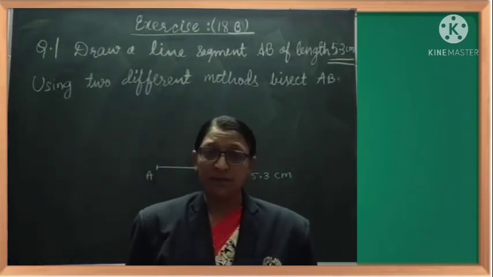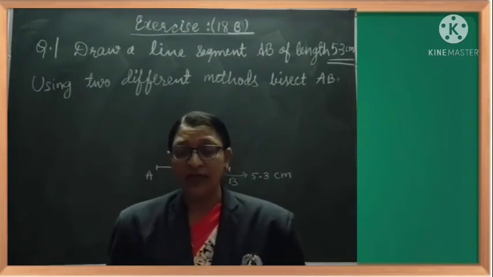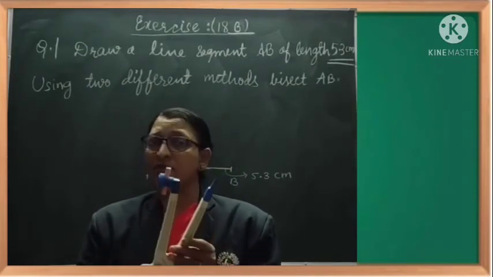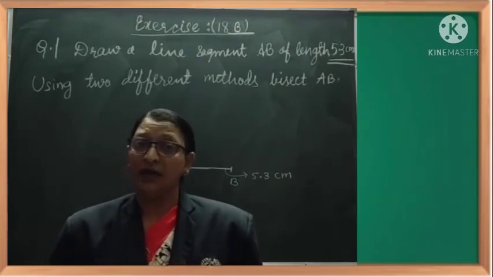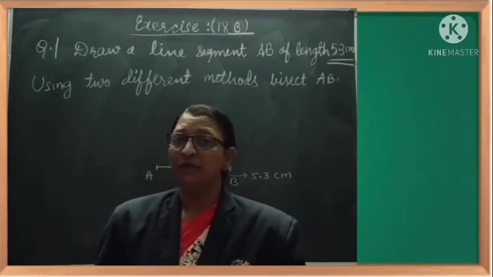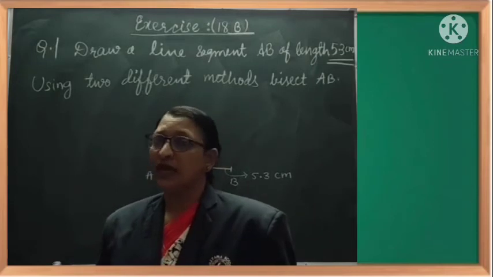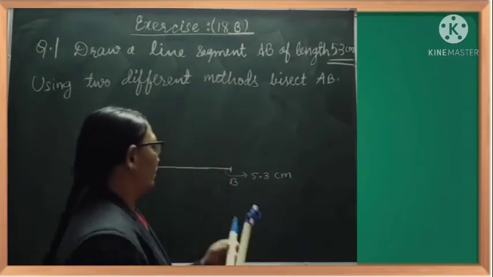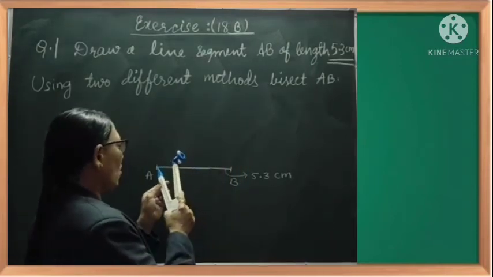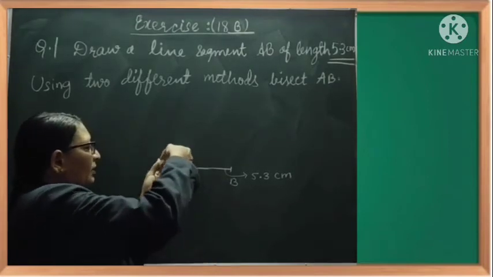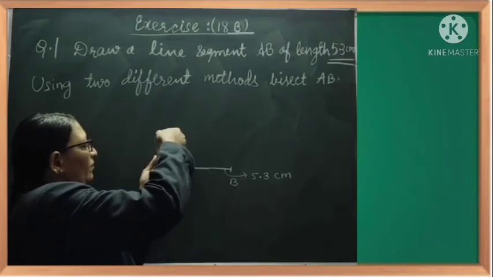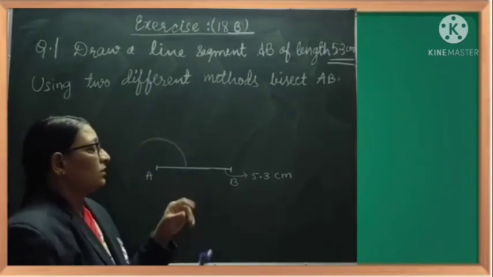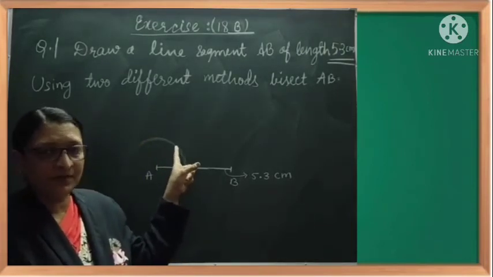The second step, we have to take an approximate radius and construct an angle from the point B as well as point A. So here I draw an arc. This arc I have drawn on the upside.